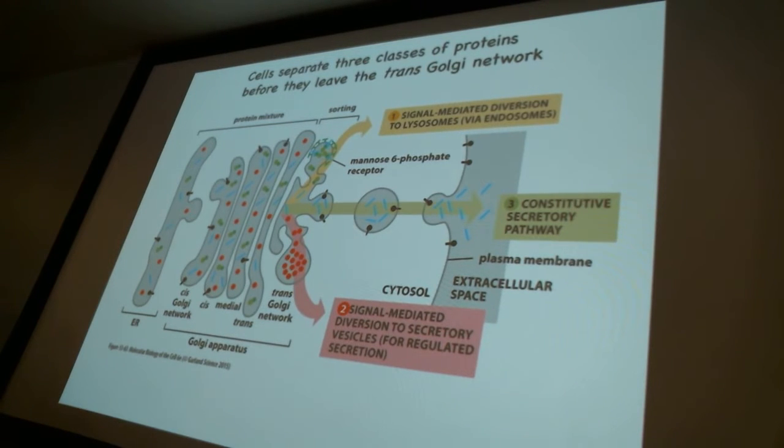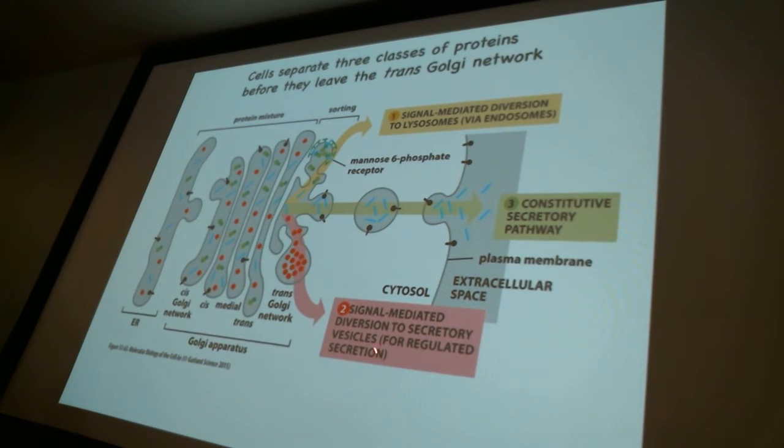Then you have what Jim Rothman called bulk flow. The idea is that whatever is not selected specifically to be packaged into specific secretory vesicles would keep moving out. So you have a constitutive secretory pathway because you have to deliver membrane proteins to the plasma membrane all the time.